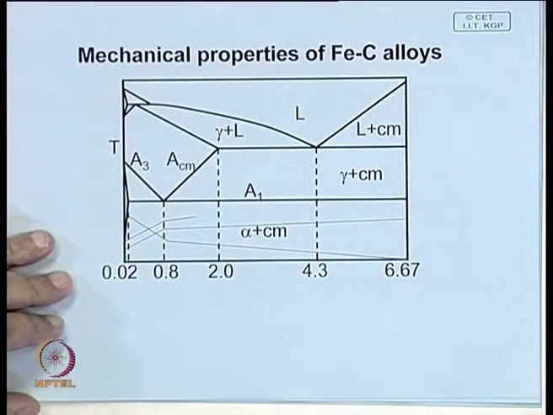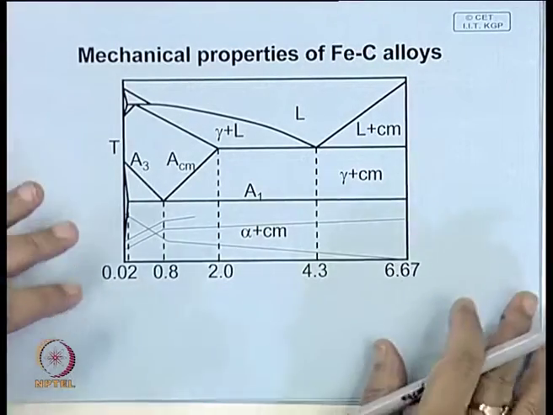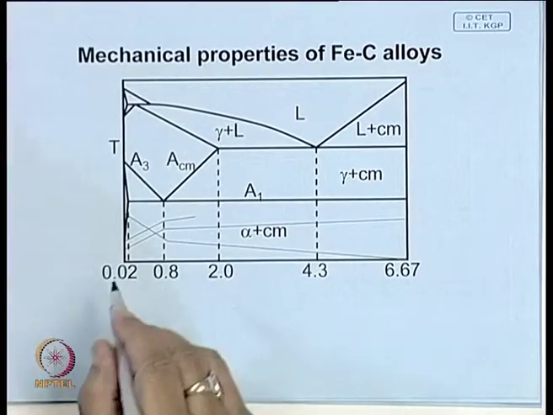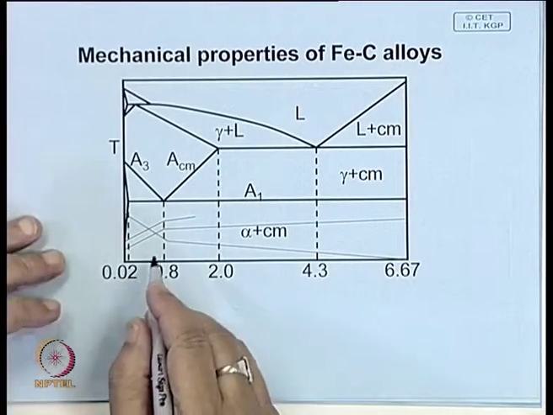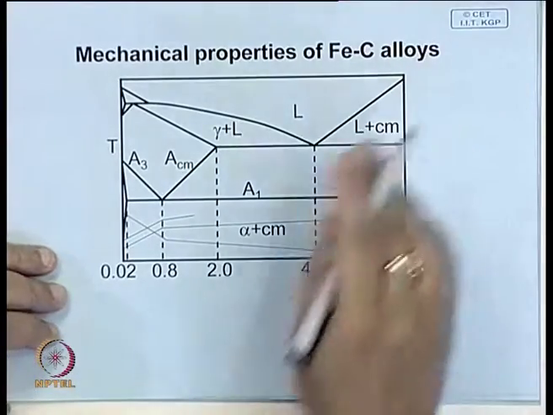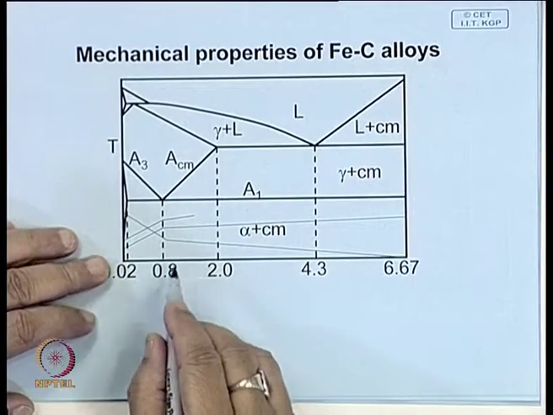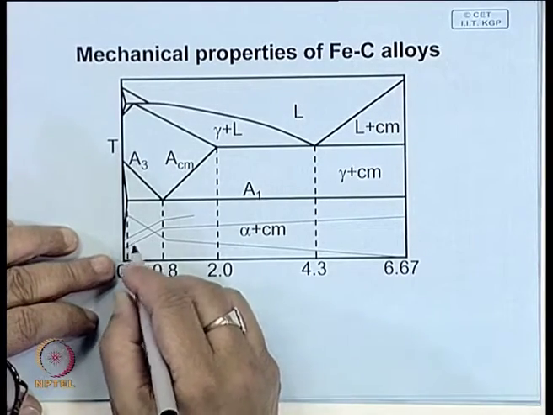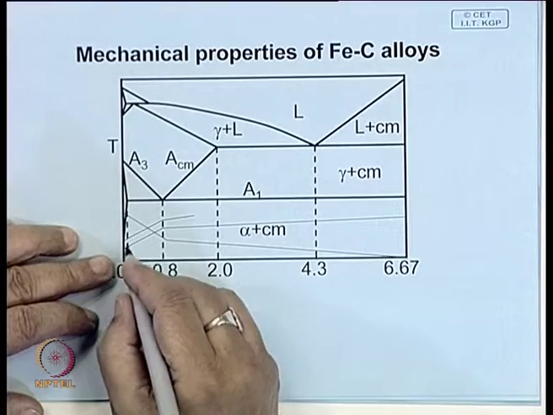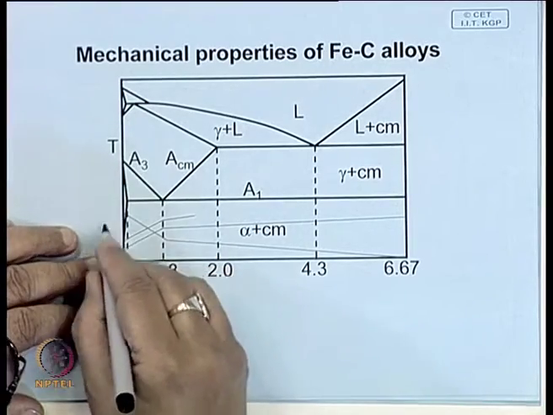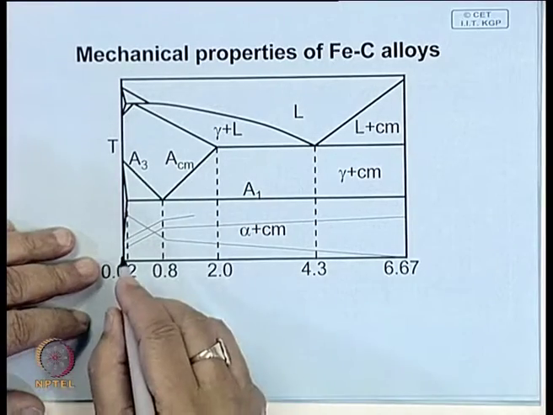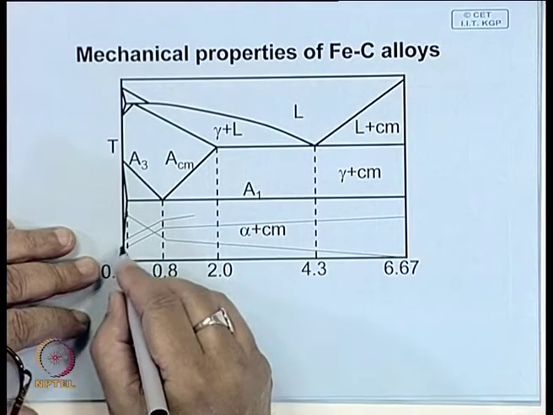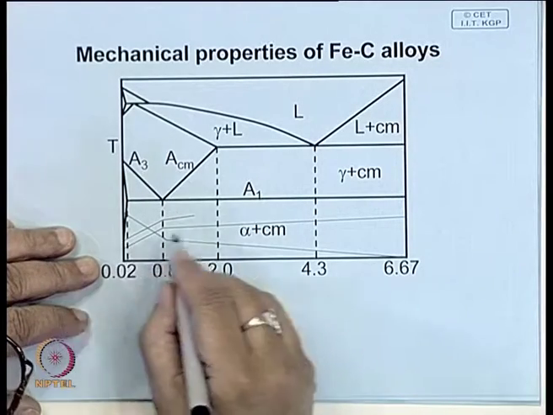Now, let us look at this. It means that the properties of iron carbon alloy are significantly defined by carbon, a major alloying element which defines the nature of the properties of iron carbon alloy.